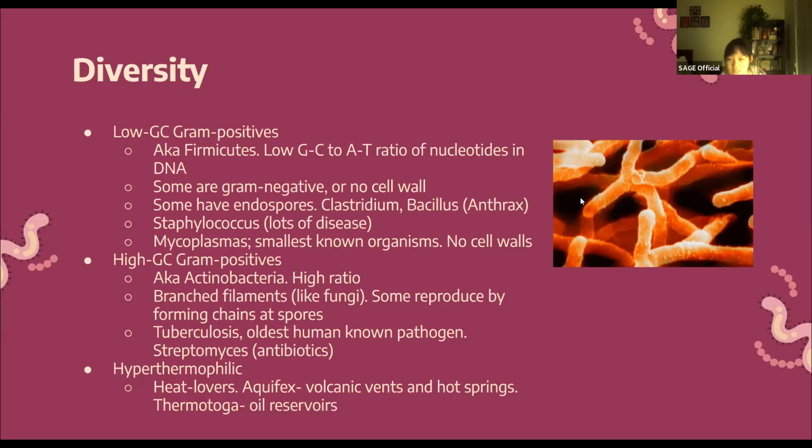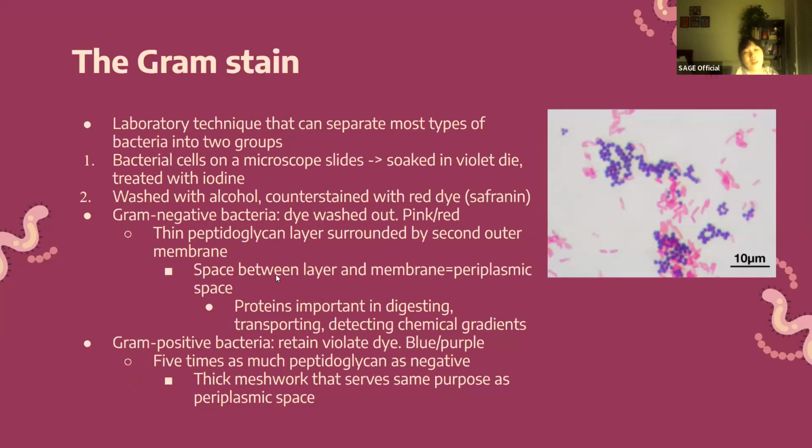So someone asked, wait, what do they do in the gram stains again with bacteria? Okay, so let's go back to the previous slide. So first you get these bacteria onto a microscope slide, and then you soak it with the violet dye, and then you treat it with a chemical called iodine. And then you wash it with alcohol, and then you stain it again with a red dye.